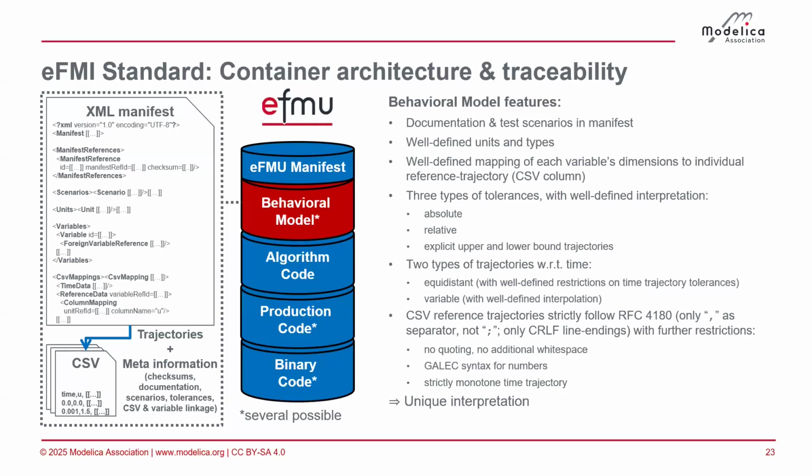And if you think about it, that's really tricky to achieve because we are talking about things like floating point imprecisions. When you say you have a min and max within which this value can be, if the tool computes this somehow as it pleases, you may have a very slight floating point imprecision in the one tool. It just happens that the result on that point is such that one says yes, pass, and the other says no, it doesn't pass. That's not going to happen if the tools comply to the eFMI standard.